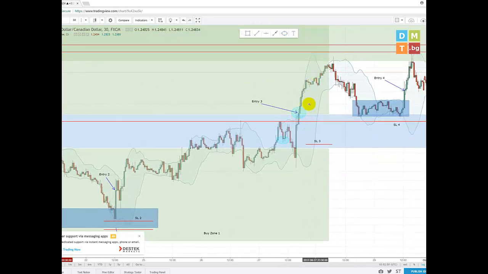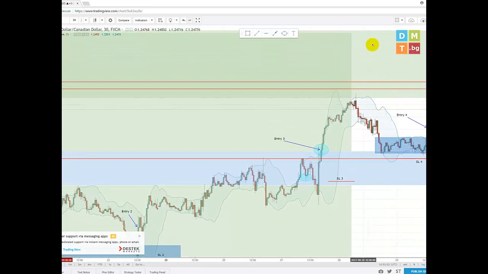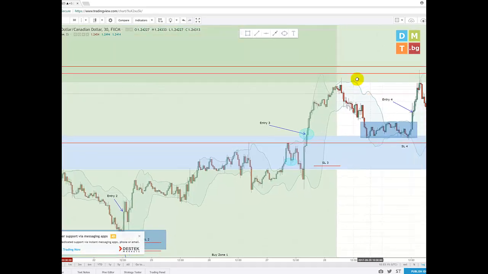We can see that after the break, the price moved up, went up to that weekly resistance area, which is huge, so we expect the price to move further inside of it before a possible correction is made.